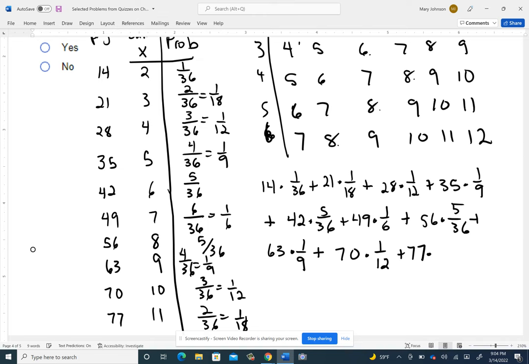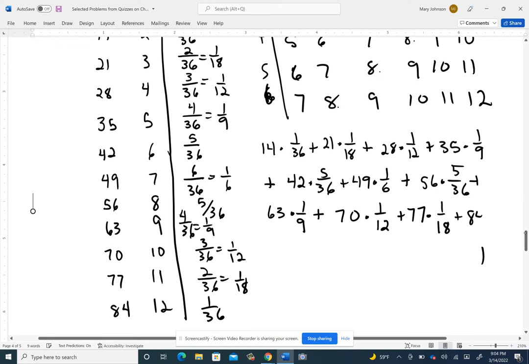Okay, then 77. Let's see, what am I up to? 77 would be getting an 11, which would be 1 out of 18. And then 84 would be the payoff if you get a 12. And there's a 1 out of 36 chance that that would happen. Okay, so this right here, you got to type in and work out.